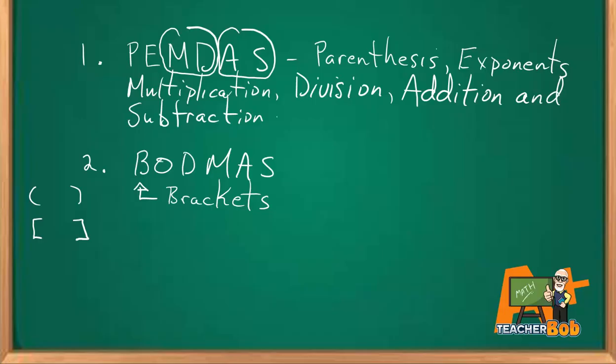Okay, so the rest is the same. You treat multiplication and division and addition and subtraction just as you would with PEMDAS. And you can see that in BODMAS, the division and multiplication are reversed in order. It doesn't matter, just do either of those from left to right. And one other acronym that is used on occasion is BEDMAS.